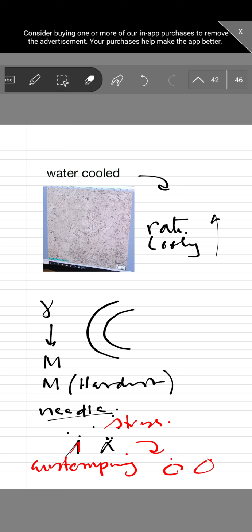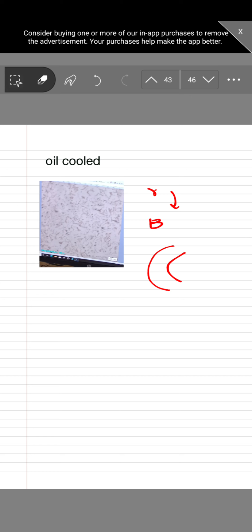Now the next rate of cooling is where bainite is formed, from austenite to bainite, and it actually follows the C curve while cooling, and the crystallites formed are not needle shaped, but leaf-like. Martensite is a hard phase, but the hardness of bainite is less than martensite.